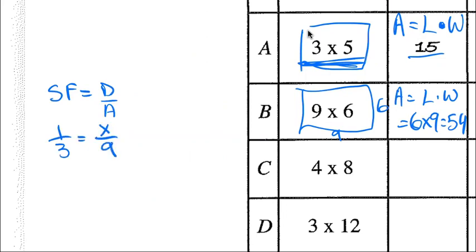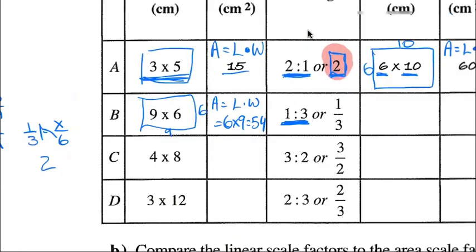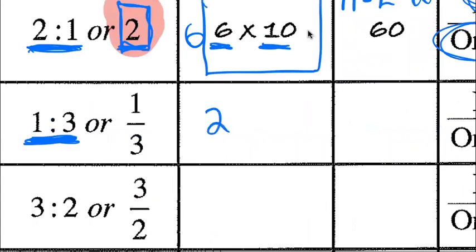If we do 9, we cross multiply and divide, 9 times 1 divided by 3, we get 3. We do a similar process for the 6. 1 over 3 is equal to x over 6. 6 times 1 divided by 3, we get 2. So our new dimensions of our figure are 2 by 3.